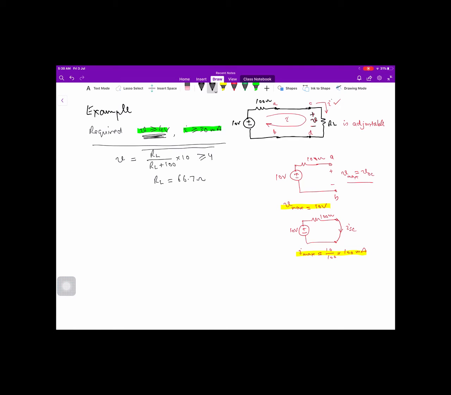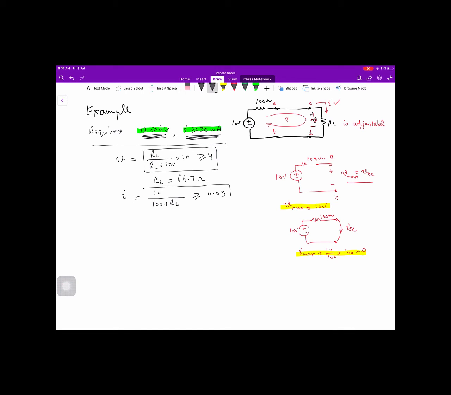I'm saying that if we solve this equation over here. Now we see what the current is. Due to the current condition, the current I in this mesh, with one 10 volt source and two resistors, is 10 over 100 plus RL, and due to the current condition, this should be greater than or equal to 30 milliampere, meaning 0.03 ampere.